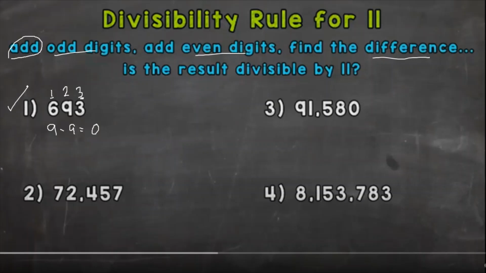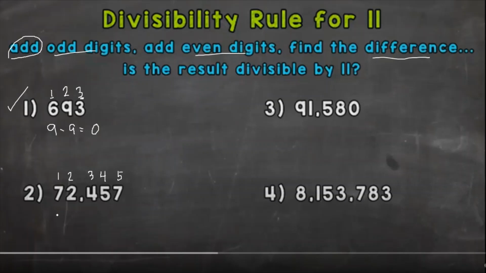Okay, so let us try to answer the number 2 example. Now let us number our digits here and identify the odd digits and the even digits. So we have here 1, 2, 3, 4, and 5.